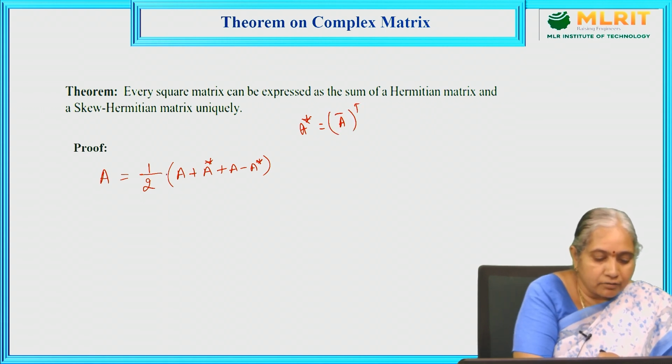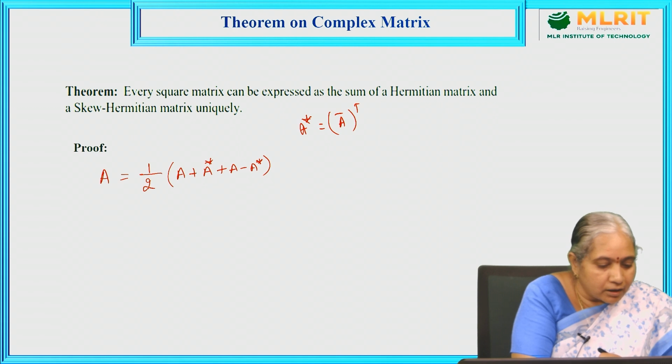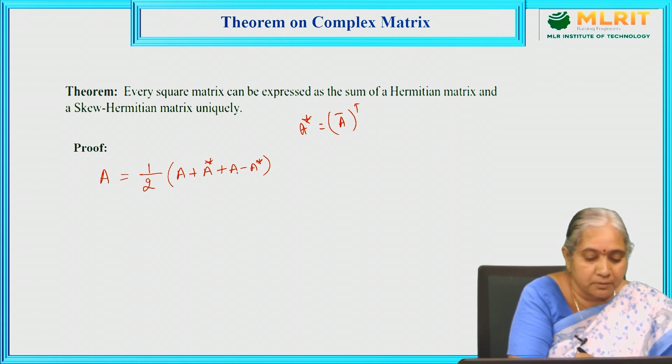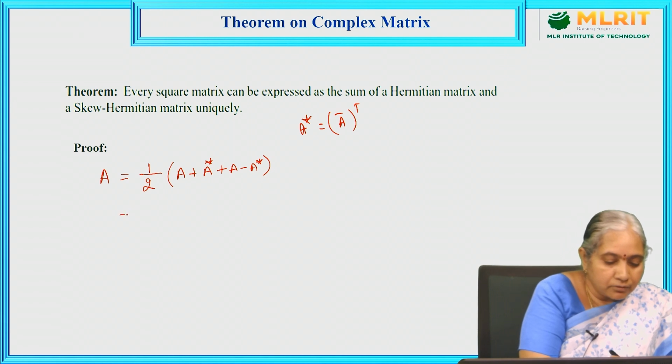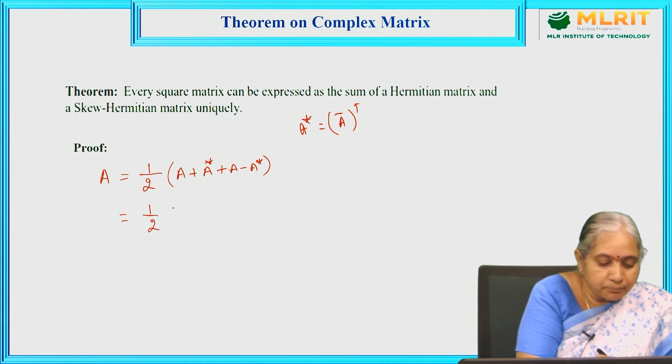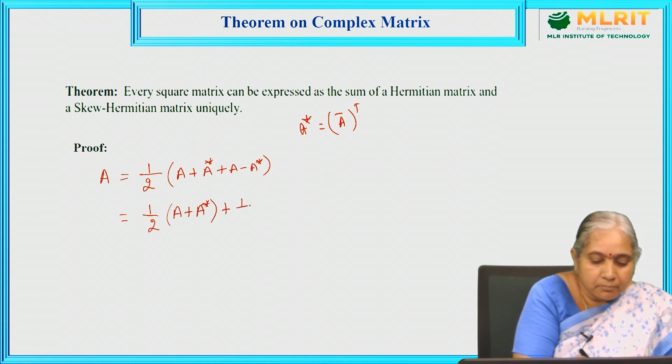So let us assume the matrix A equals 1 by 2 into A plus A star plus 1 by 2 into A minus A star.